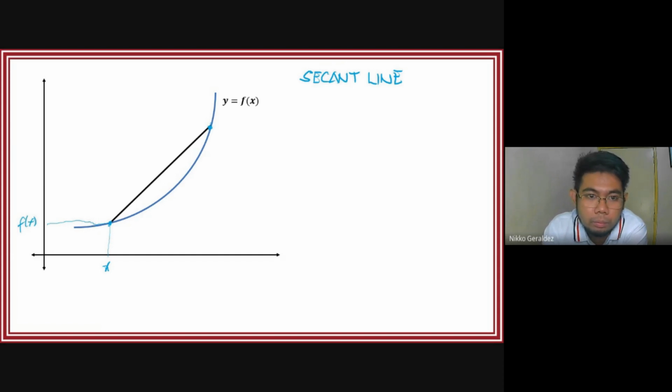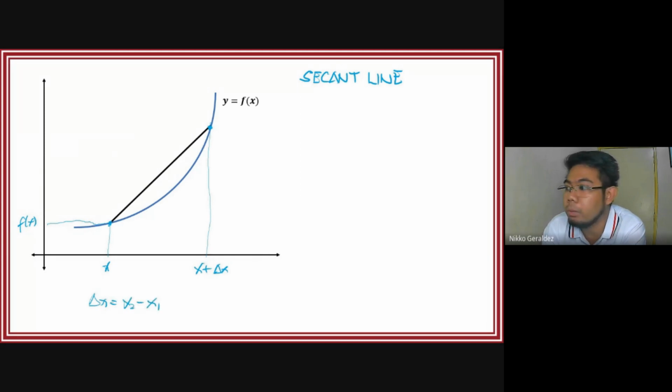Then point 2, the x coordinate we call x plus delta x. Where does x plus delta x come from? The change in variable delta x is equal to x sub 2 minus x sub 1.